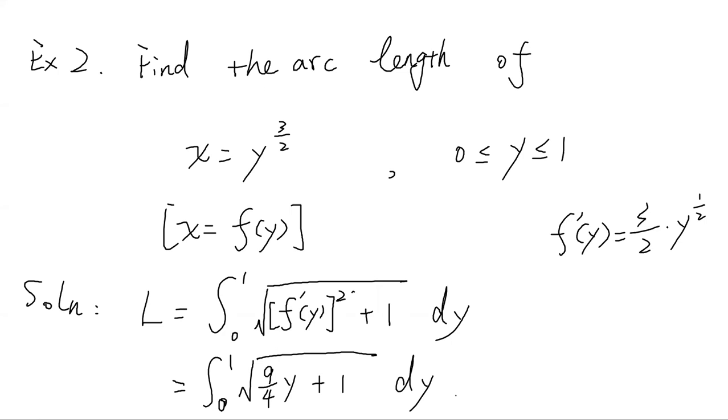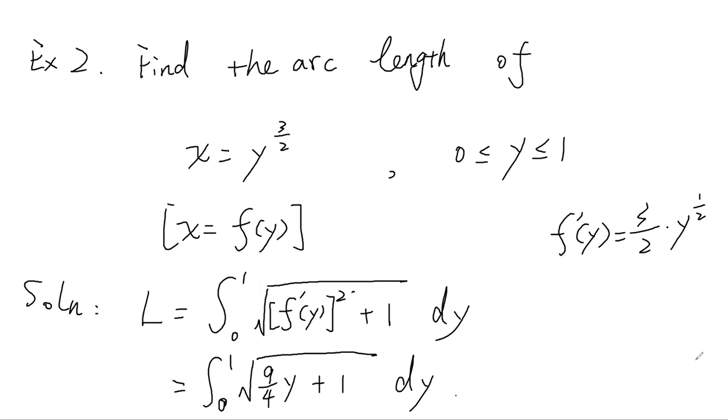So again, for this example, we can still use the u substitution. But the difference between this example and last example is that you only have y here. It's not t squared, which is what we did yesterday.